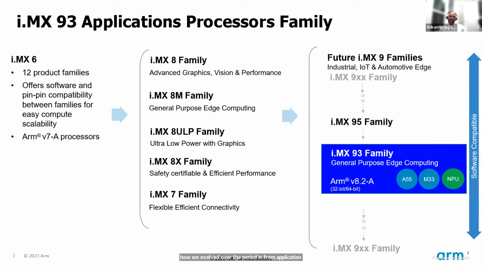I'm going to talk about how we evolved over the period from an application processor point of view at NXP. So i.MX is our brand name. We have had application processor series for the past 15-20 years. Currently i.MX 6 is the most widely used application processor in the market. It has 12 different product families, and it offers a lot of software compatibility and pin-to-pin compatibility between families.